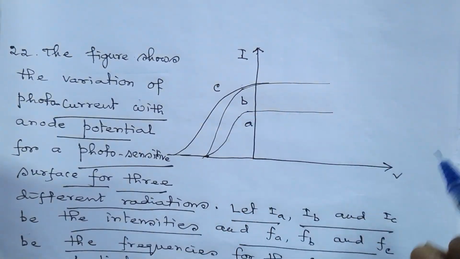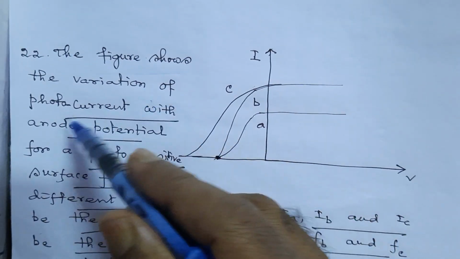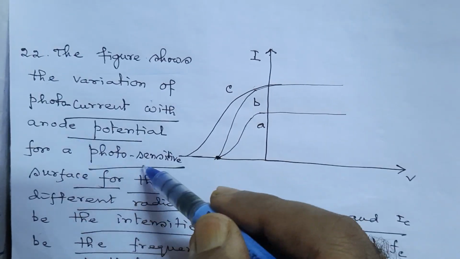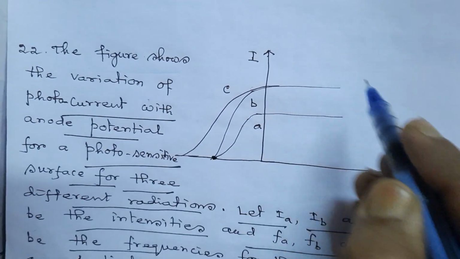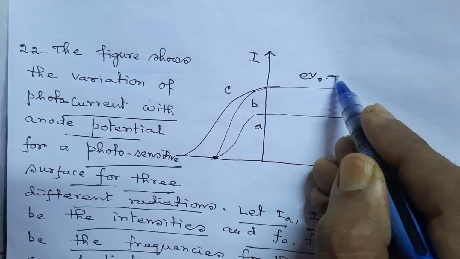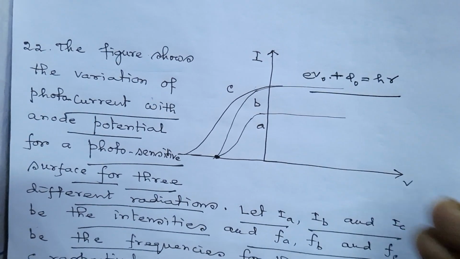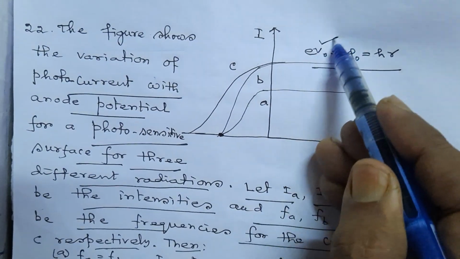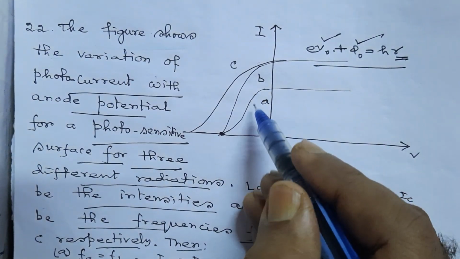The material is the same, the variation of photoelectric current with anode potential for a photosensitive surface. Let us see, eV0 plus phi 0 equals h nu. So when phi 0 is the same, V0 is tied to nu.